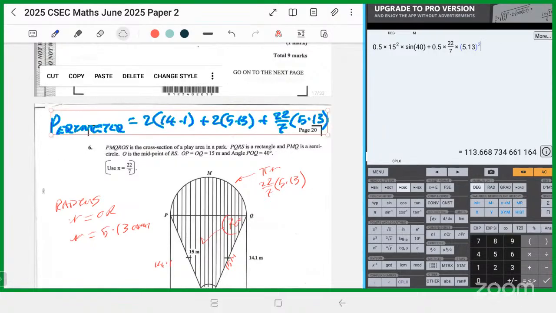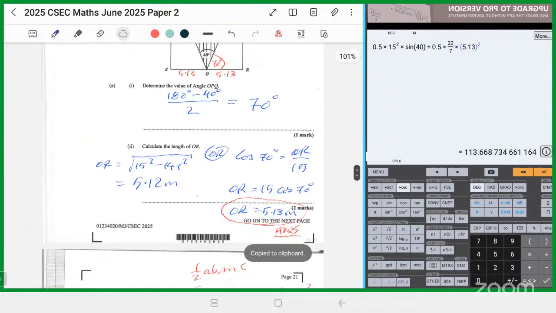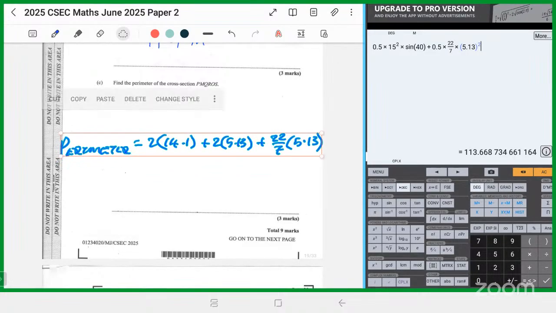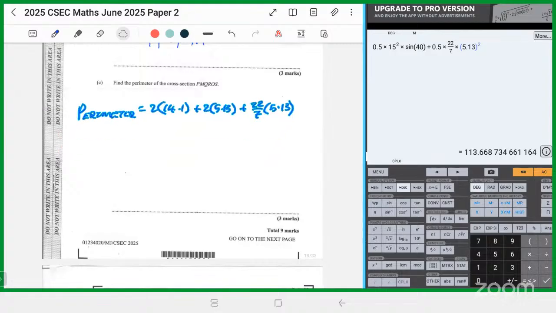Let's calculate everything one time. We don't have to do it piece by piece, just put everything in the calculator in one calculation.